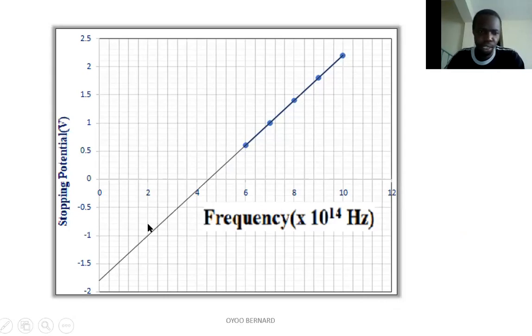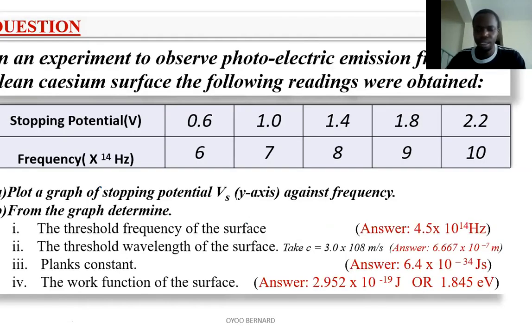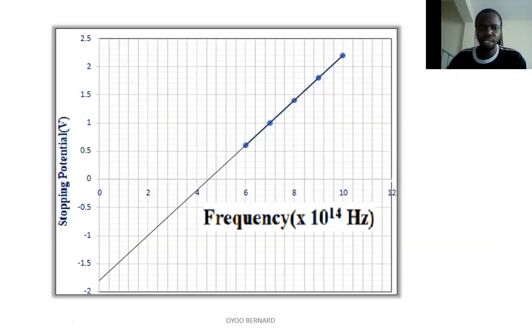If you study it, it's a straight line graph, actually a line of best fit. And it was fortunately passing through all the points that were given up here. Yes, so fortunately for us, there were no outliers. Now, look at the point where it cuts the frequency axis somewhere there.